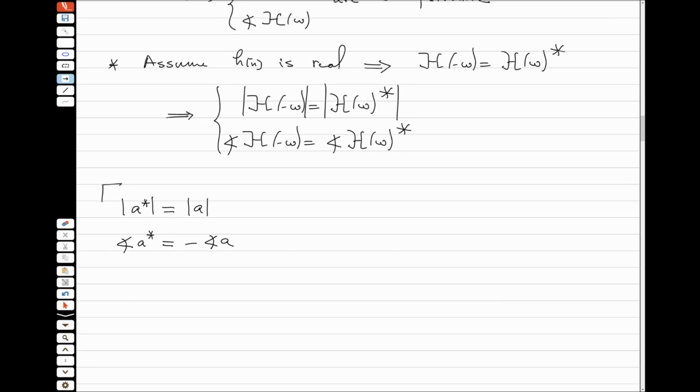I mean, if you don't know this, at least look, see what happens on the graph. Suppose this is complex number A. Where do you see the magnitude? It's the length of that stick, right? Where do you see the angle? You have it here. But where is A conjugate? It's here.